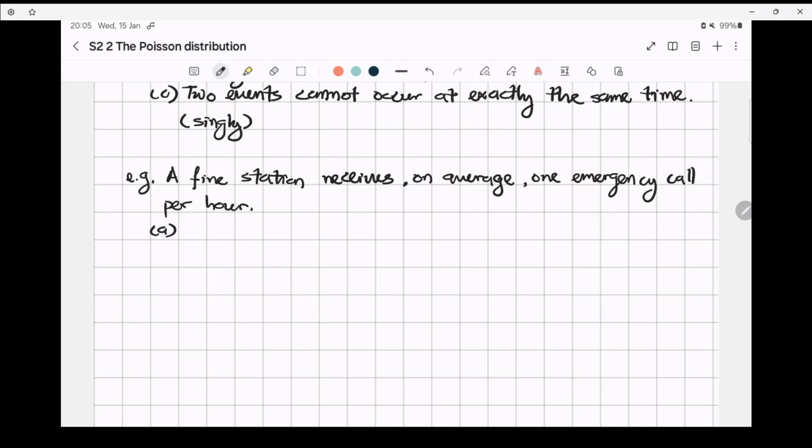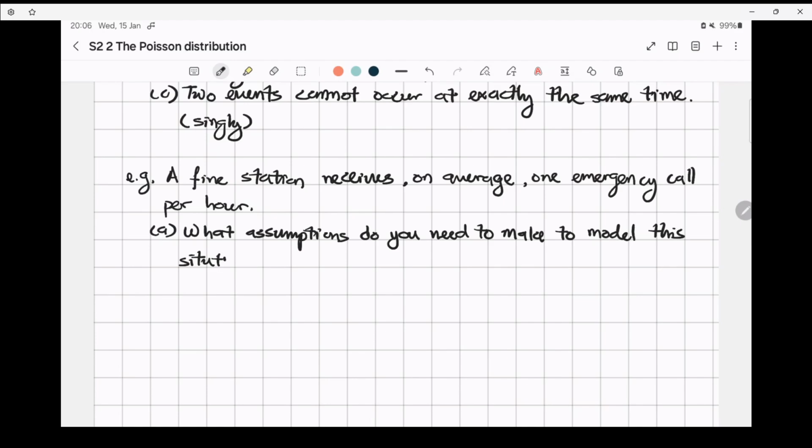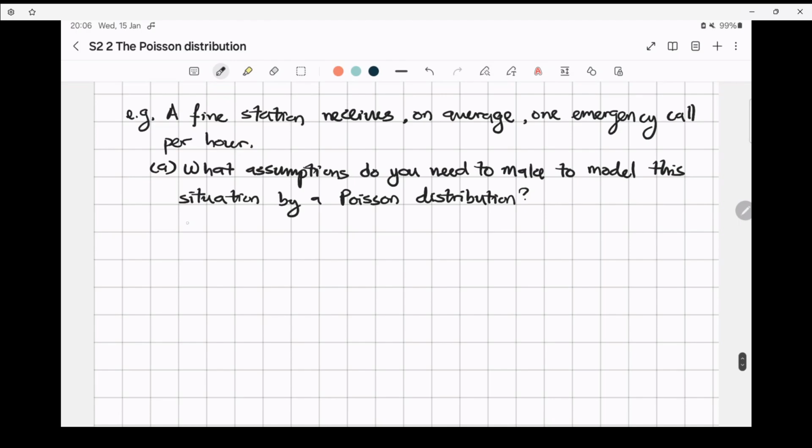So if the question asks what are the assumptions you need to make to model this with your Poisson distribution, the answer that you would give is the emergency calls happen singly.